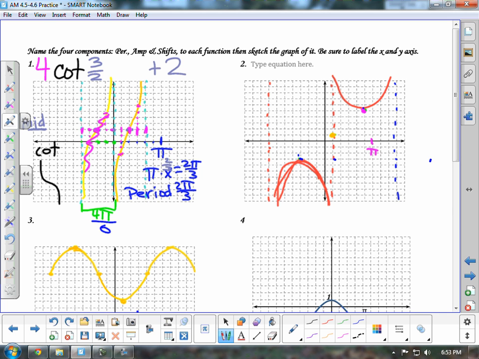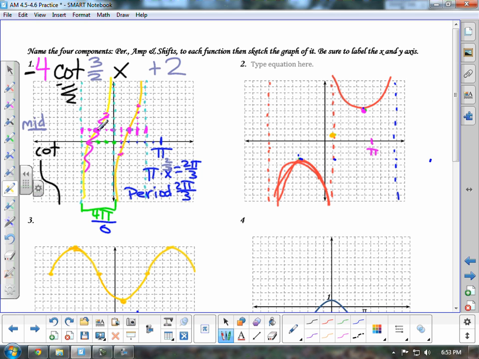So therefore, we have to turn our amplitude to a negative. That will flip it to the way we need it to be. And then, because our asymptote is right on the axis, which is what cotangent usually is, we would be done with it. And we would just leave a -4 cotangent 3/2 x plus 2.